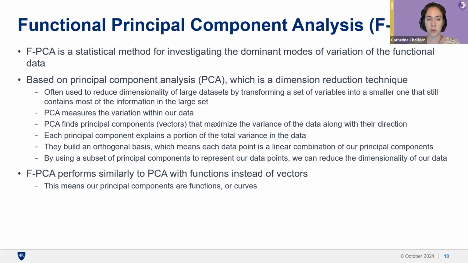All of these build an orthogonal basis, which means that each data point is in fact a linear combination of the principal components. And so by using a subset of principal components, we can reduce the dimensionality of the data. FPCA performs very similarly to PCA with functions instead of vectors, which means our principal components are actually curves.